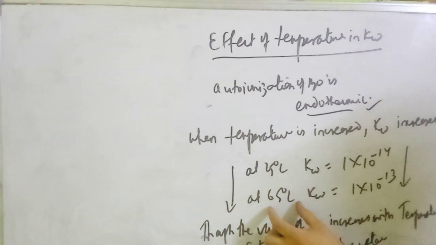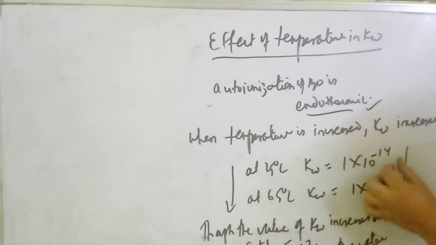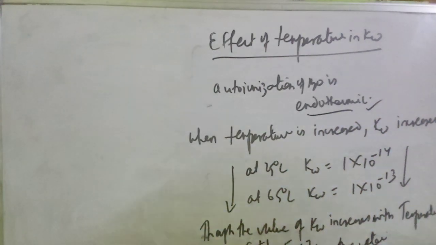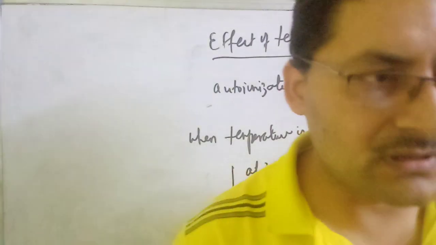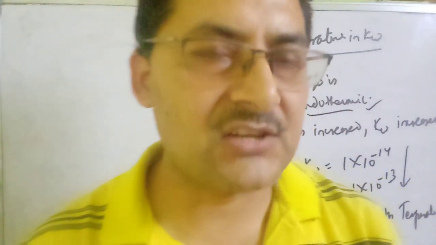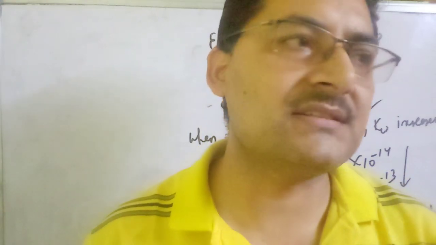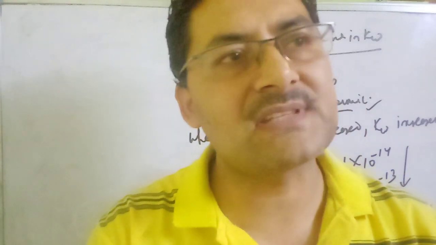Similarly, at 65 degrees centigrade, both are 1 into 10 to the power minus 13 divided by 2. So whether temperature affects the Kw or not, H plus ion and hydroxide ion for pure water will always be equal.